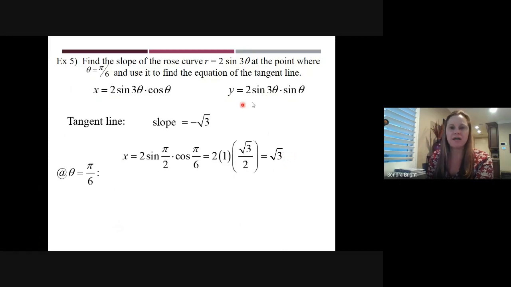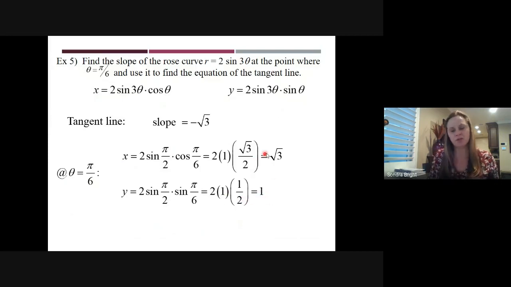And then your y, you do the same thing, plugging in pi over 6 and plugging in pi over 6. So 3 pi over 6 leaves you with the pi over 2 here. And so that leaves you with a 2 times 1 times 1/2, which leaves you with a 1. So your rectangular coordinate when theta is pi over 6 is going to be root 3 and a 1.